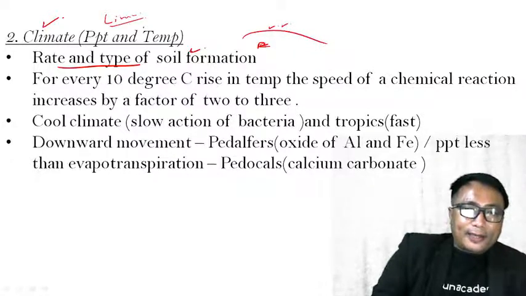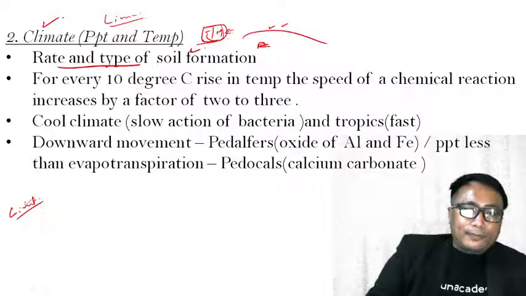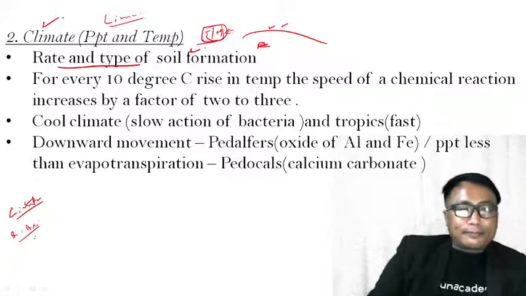Depending upon the climatic condition, in the equatorial region or in the tropical region, where you have sufficient amount of temperature and sufficient amount of moisture, the limestone rock is weathered at a very fast rate. The same rock, that is the limestone, when you place it in semi-arid and arid condition, what is the outcome?